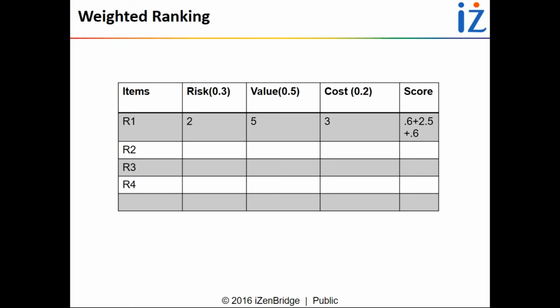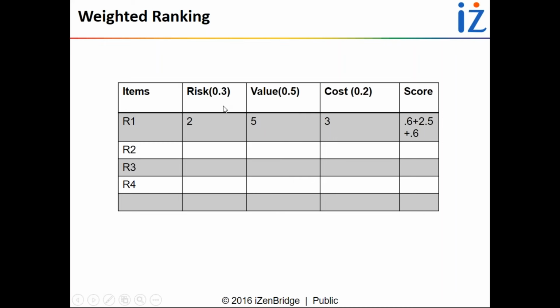Weighted ranking is also an important tool to prioritize the requirements. Here you have a number of requirements, and you work with the stakeholders to understand on what criteria they can prioritize the requirements. I'm taking the example here: risk, value, and cost. And what is the weight of these criteria?